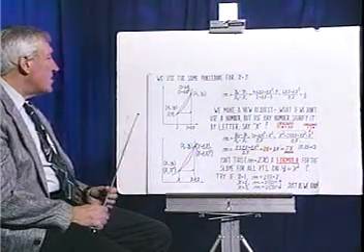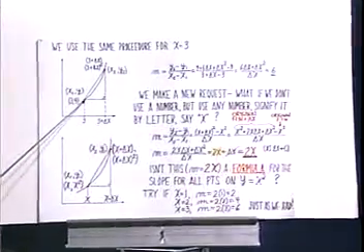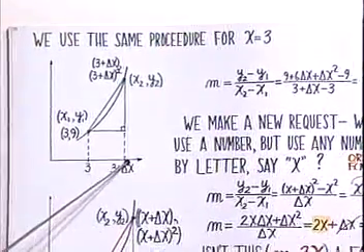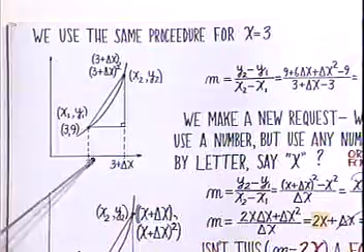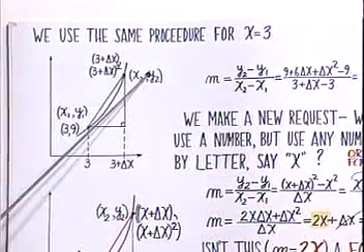We use the same procedure for the next anchor point for x equal 3 over here, and a small distance delta x away from it, as I explained before. So 3 plus delta x squared is y2, all right?